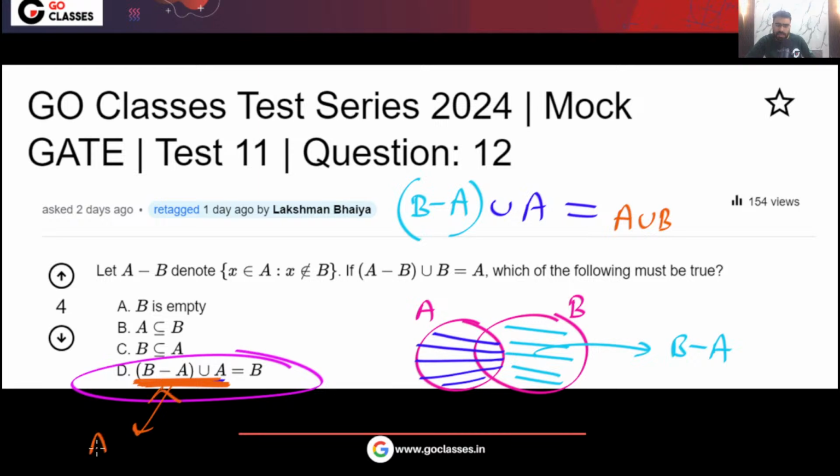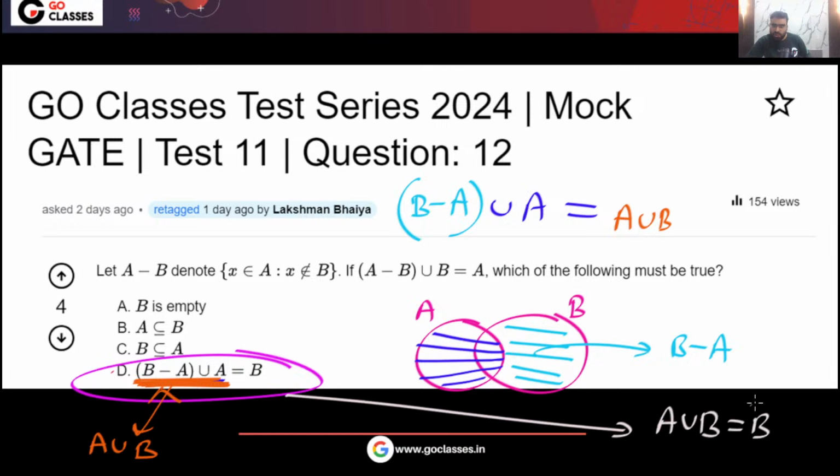This is nothing but A union B, and this is equal to B. So you can rewrite option D like this: A union B equal to B. This is what option D is saying. Is this clear, Tejas? Please tell me, is your doubt clear?